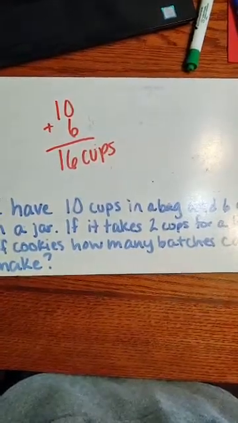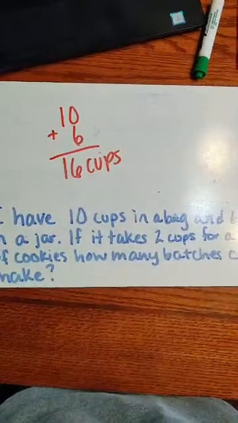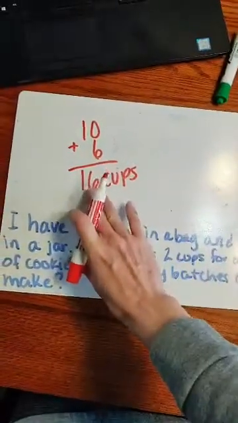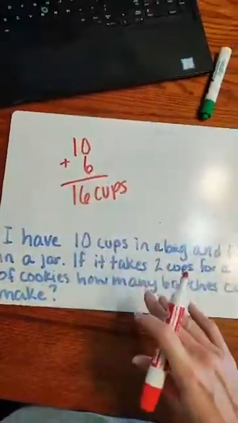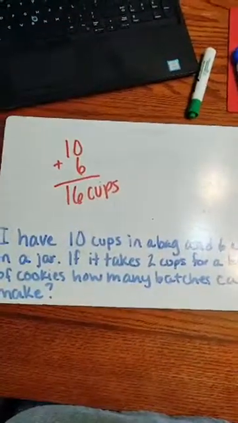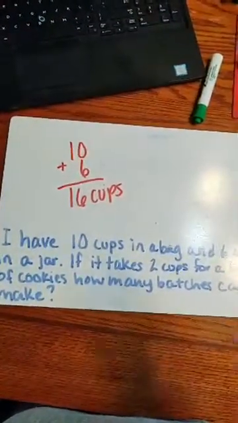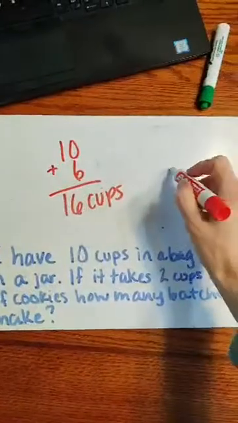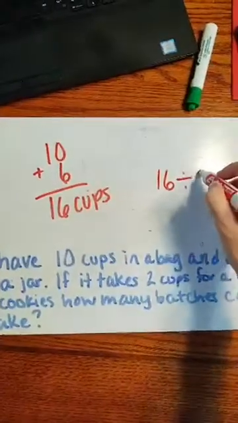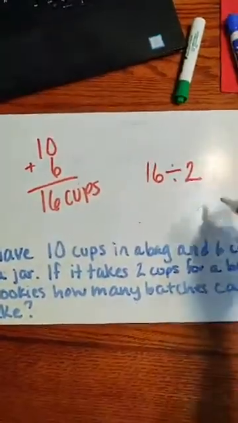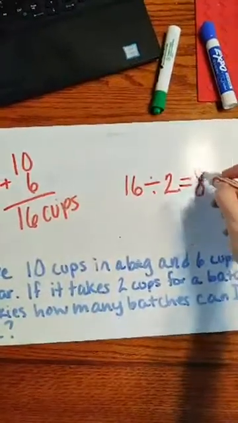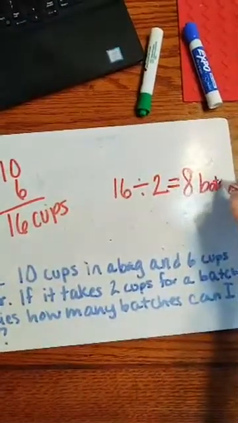Okay? So, since we were able to get a total, we know that with a total we divide. So 16 divided by 2 cups per batch tells us we can make 8 batches of cookies.